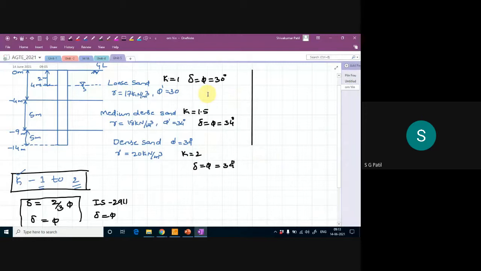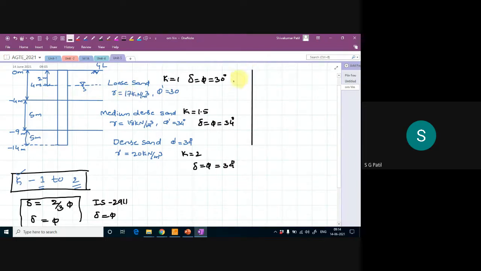One more thing here: they gave simply the unit weight, which means they are considering the dry unit weight and saturated unit weight as the same. If they're not given the saturated unit weight explicitly, whatever dry unit weight is there, you consider that as the saturated unit weight. In this problem they're not given separately, so whatever bulk unit weight they gave, I will consider as dry above the water table, and below the water table I will consider it as the saturated unit weight.